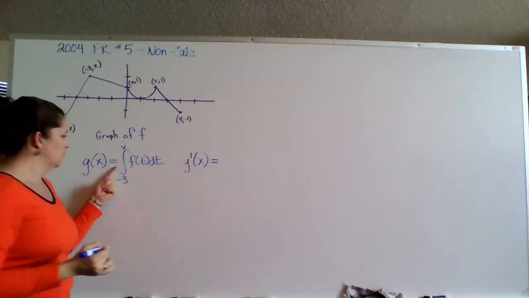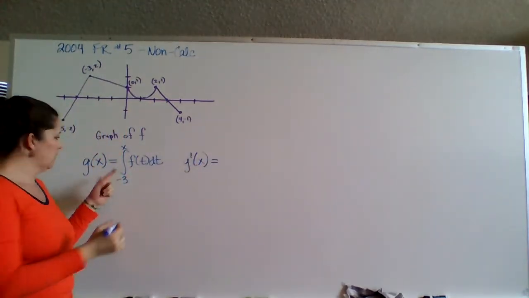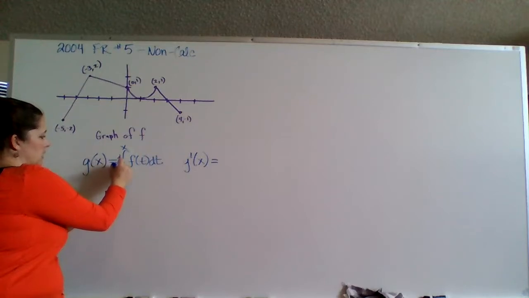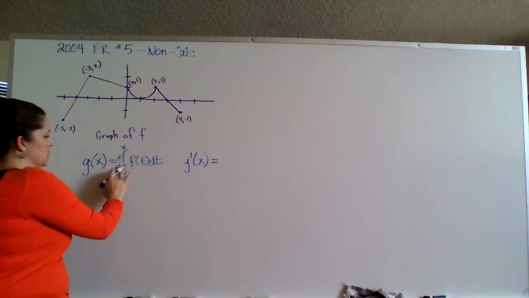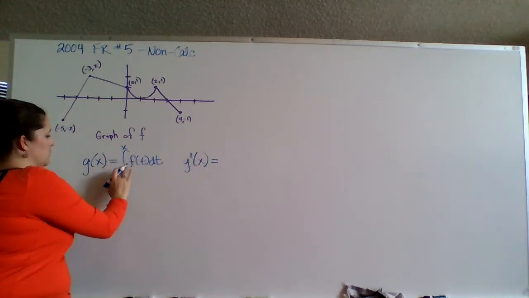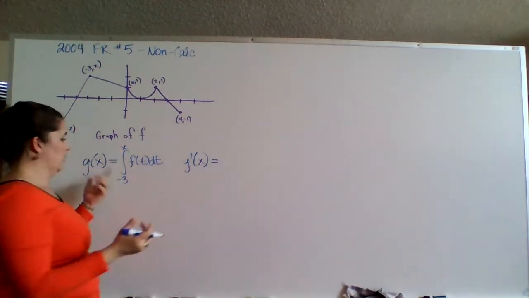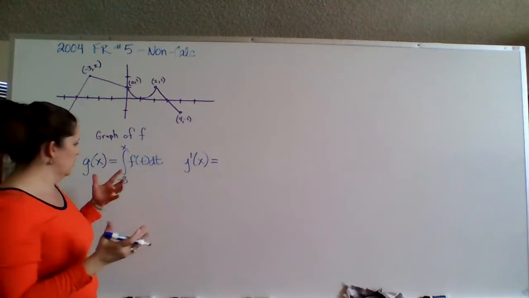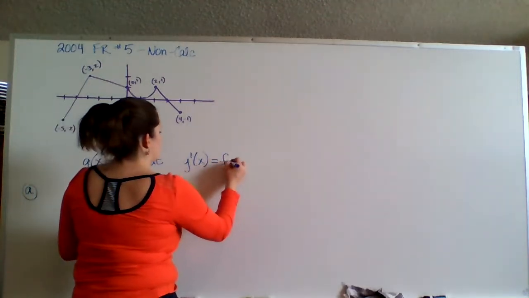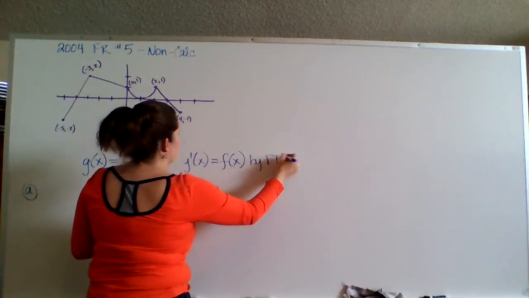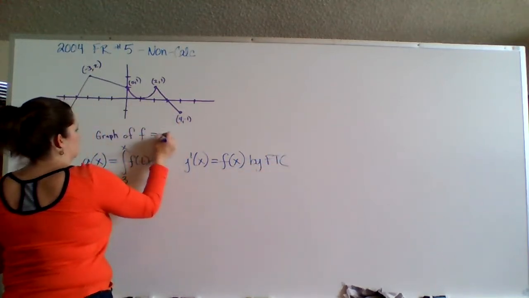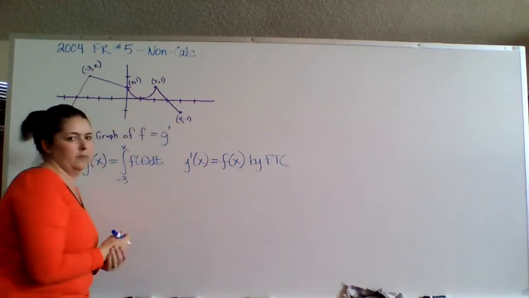And wouldn't the derivative of the antiderivative, if I wrote d over dx notation, cancel, and the x would replace the t, since the derivative of the antiderivative is just the function. We don't have backwards boundaries, we don't have chain rule, we're just replacing it, and g prime of x equals f of x. So really, this graph of f is the graph of g prime.